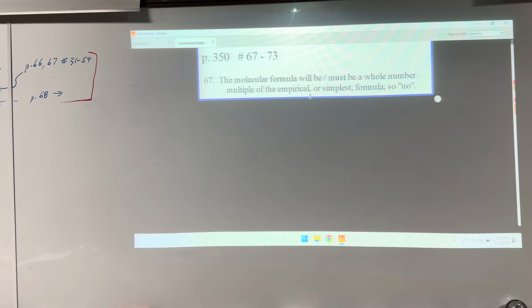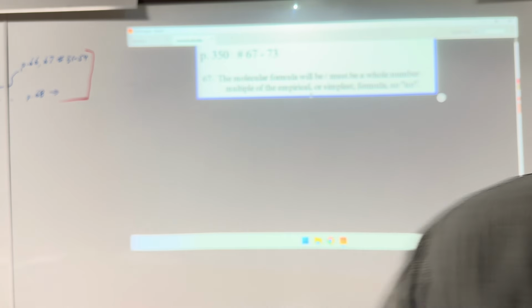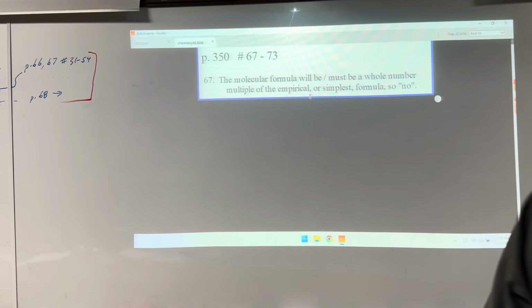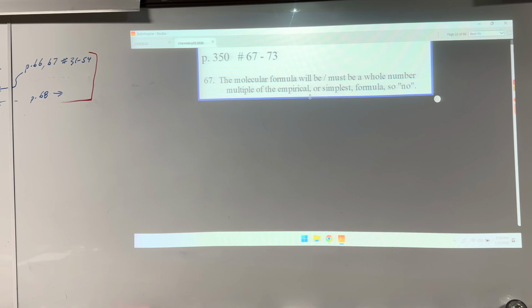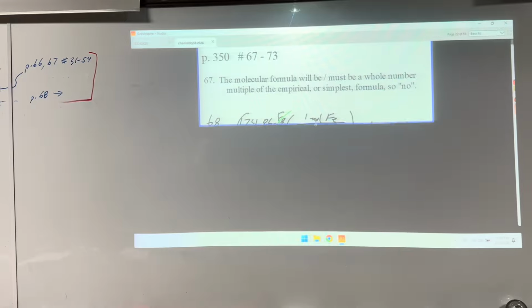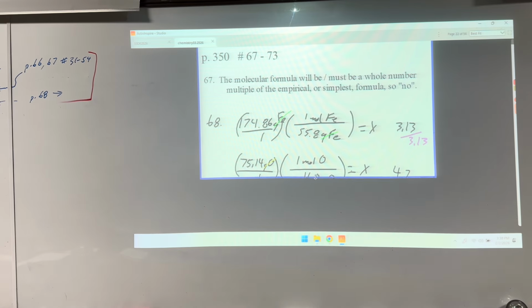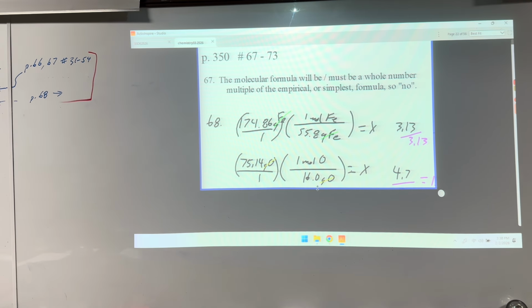68. Make sure this is running. Yeah, 68. Analysis of a compound composed of iron and oxygen yields 175 grams of iron and a little over 75 grams of oxygen. What is the empirical formula? Well, convert your grams to moles.